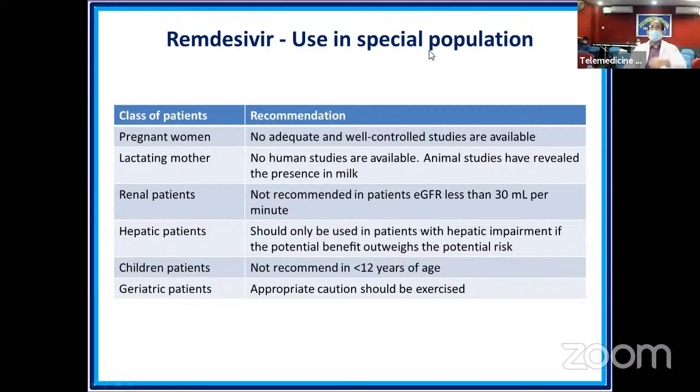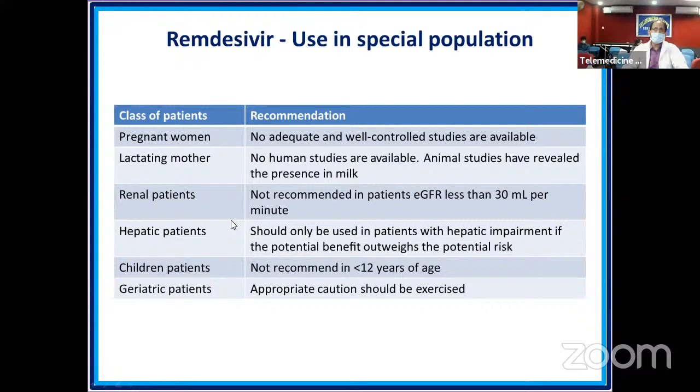And in special populations, particularly pregnant women and lactating mothers, no adequate and well-tolerated studies are available, so one should not use. Renal impairment: not recommended in patients with eGFR less than 30 ml per minute. Hepatic impairment patients or liver cirrhosis patients should only be given it if the potential benefit outweighs the potential risk.